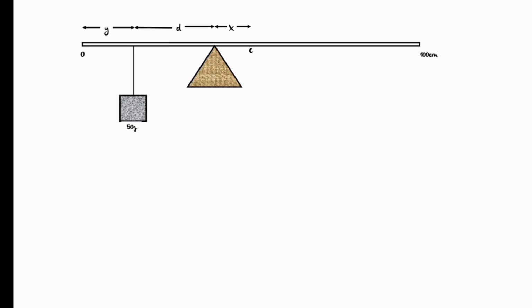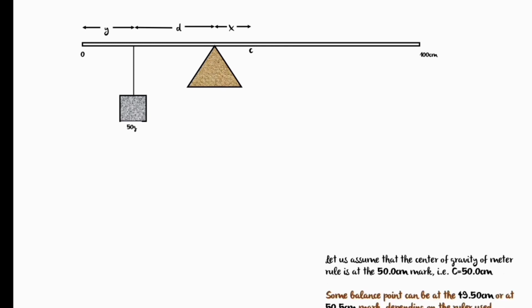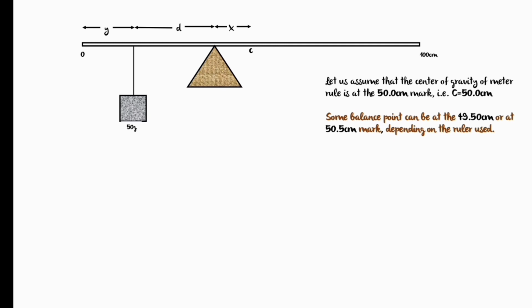Before we continue, remember we are to balance and record the position of the center of gravity of the rule. So now we are going to assume that the center of gravity of this meter rule in this experiment is at the 50 cm mark. Why do I assume that?